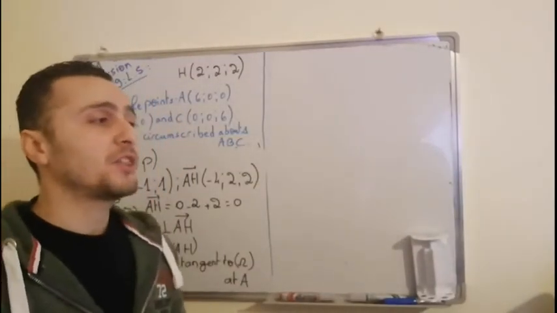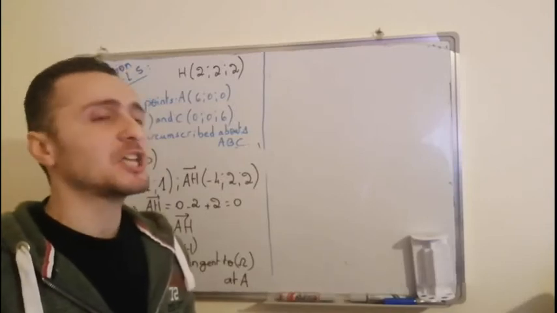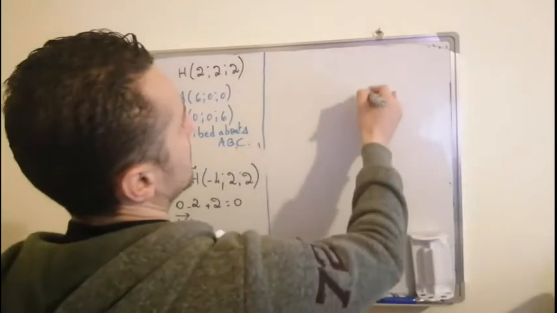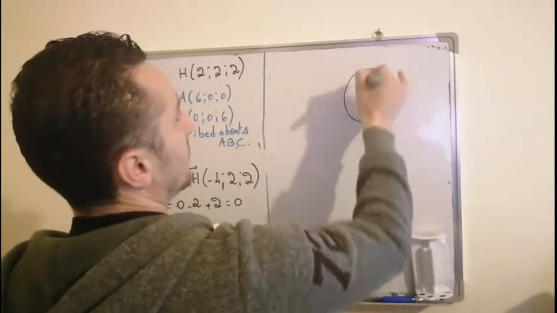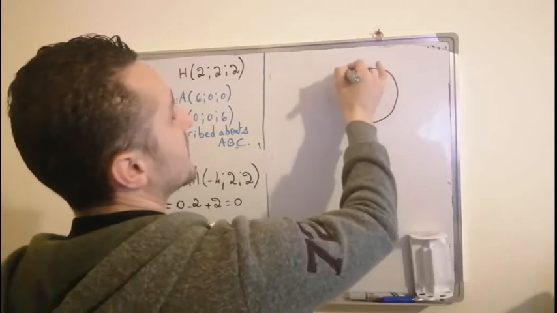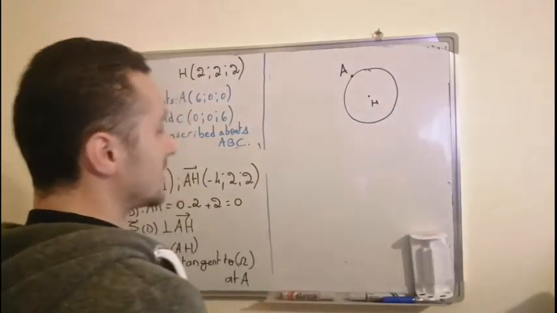Show that the 3 points I, H and C are collinear. Let's draw the figure and understand what is happening. We have a circle of center H and A is a point belonging to this circle.